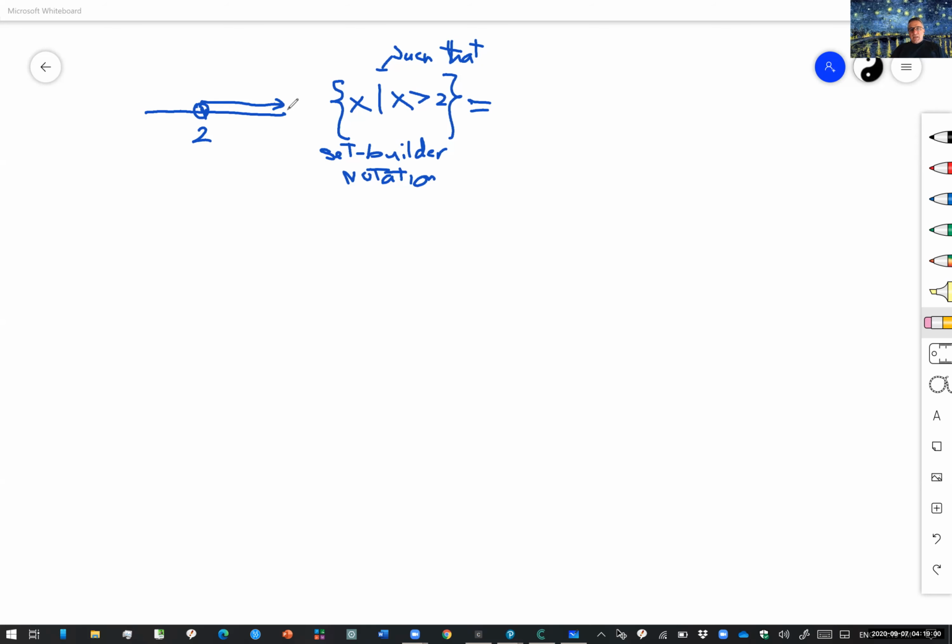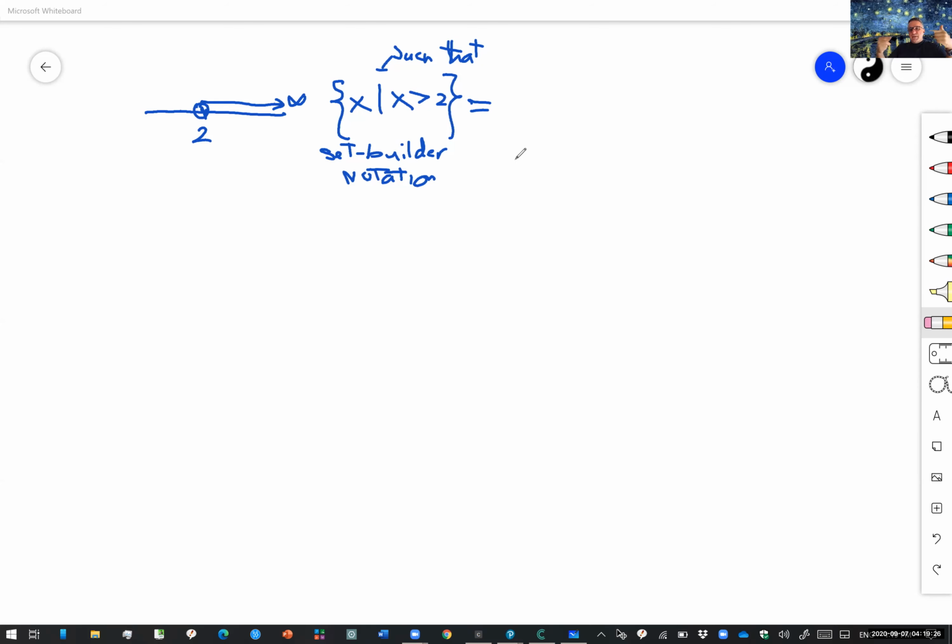Now, if it's between just two numbers, 3 and 5, we can just write parentheses, 3 comma 5, parentheses. But here, we don't have an end point. We have a beginning point, but we don't have an end point. So we say these numbers are headed toward infinity. You can think of the end point as infinity.